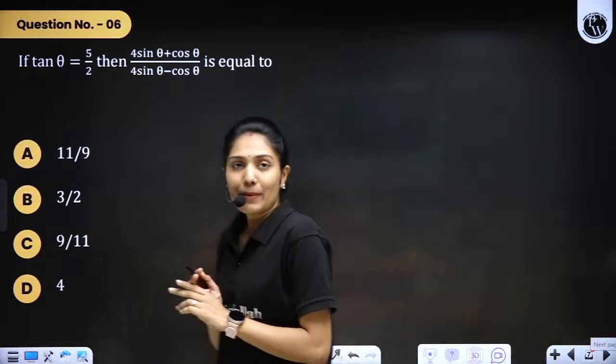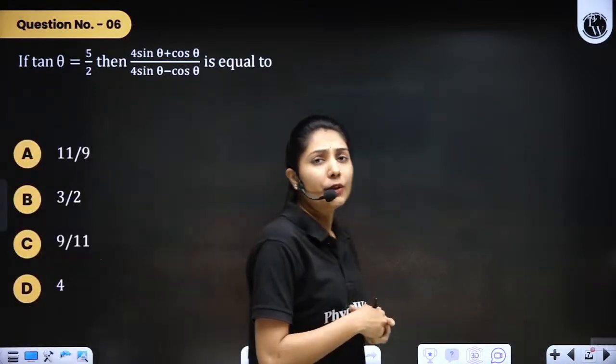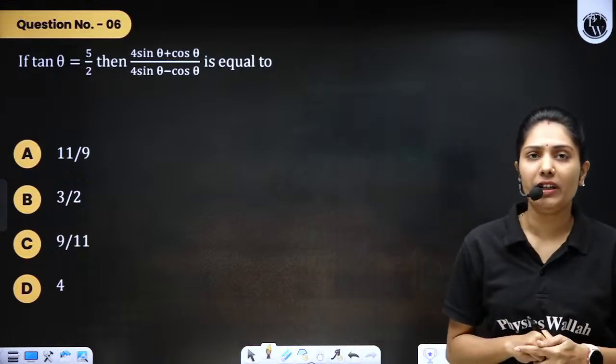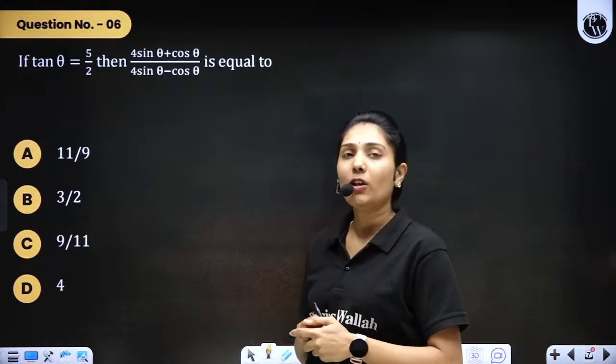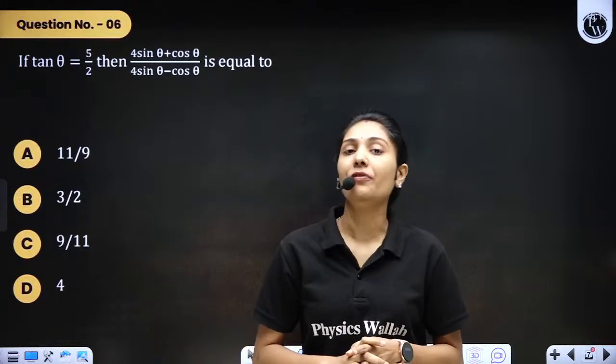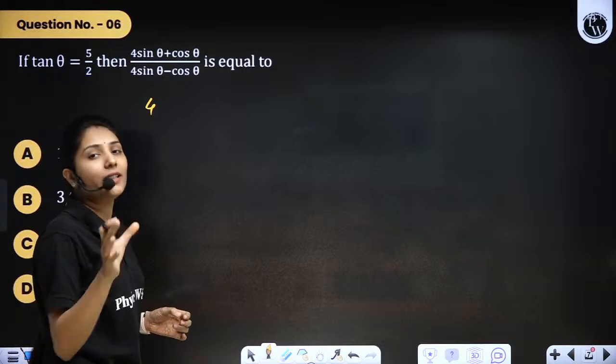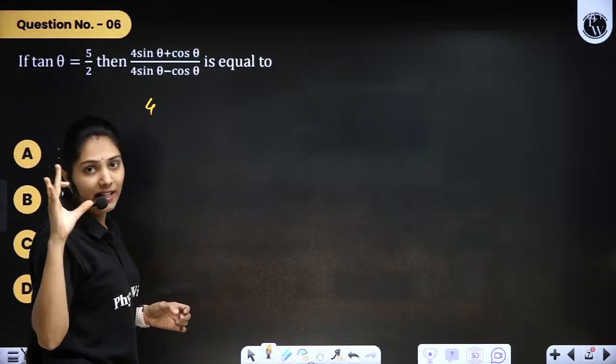So the shortest method I'm going to tell you here. Just divide numerator and denominator by cos theta. And because of that division, all terms will be left in terms of tan theta. Here is 4. We are dividing each and every term, right? Numerator and denominator by cos theta.